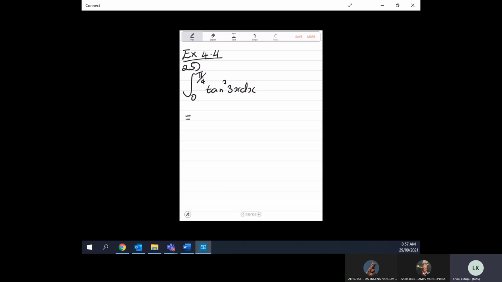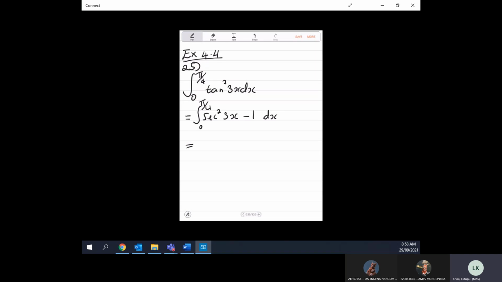So this is the integral of sec squared 3x minus 1 dx. And then everything here is easy to integrate.